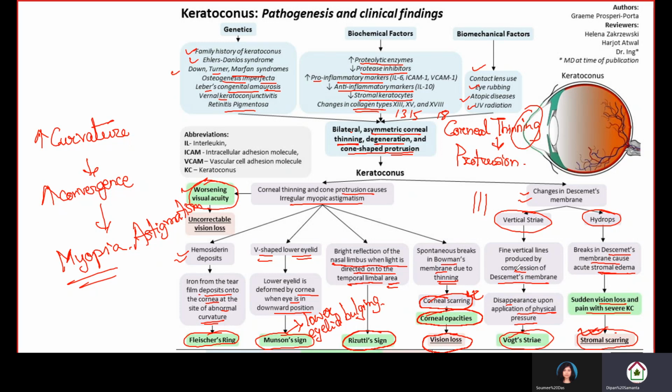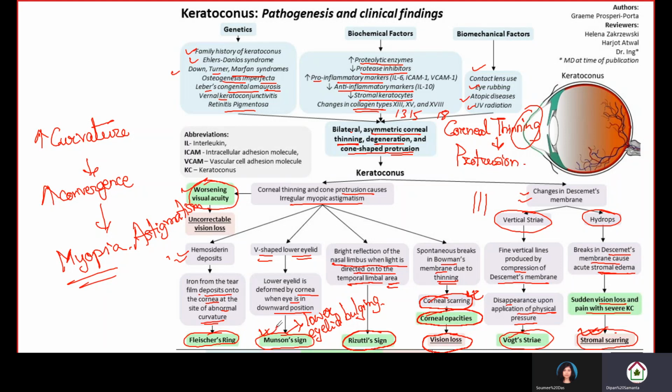So you may not go towards iron deposition, and that may confuse you. Overall, you must know, because at the time of examination it will be very difficult to analyze. So if you know there is hemosiderin deposition, then you can understand why Fleischer ring occurs.